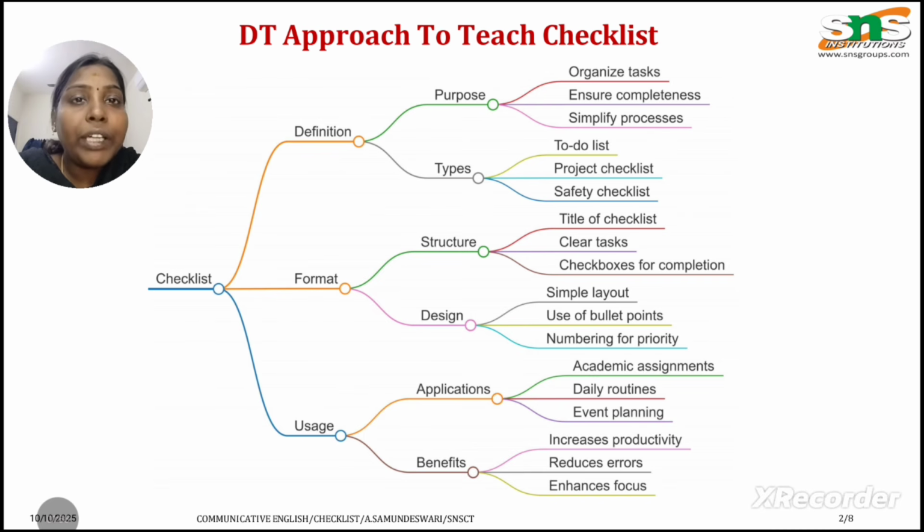And the format, which connects with the structure and design: the title of the checklist, the tasks to be carried out and the completed tasks. For segregating elements from one another, we use a check mark for items that have been completed, and a cross mark for the things we haven't done so far. And the applications of checklists: academic assignments, daily routines, event planning.